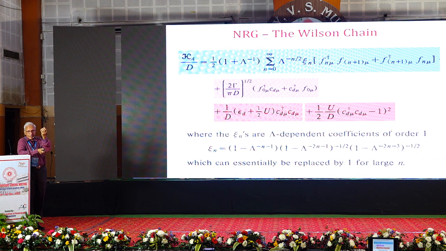Now you have an impurity which has 4 states, because it can have 1 electron with up spin, 1 electron with down spin, or no electron, or 2 electrons, up and down. So that's 4 states. The next shell of conduction electrons, which is F0, also has 4 states, because you can have no F0, an F0 with up spin, an F0 with down spin, or 2 F0s, up and down spin.